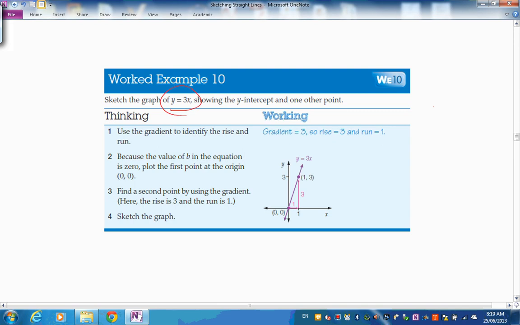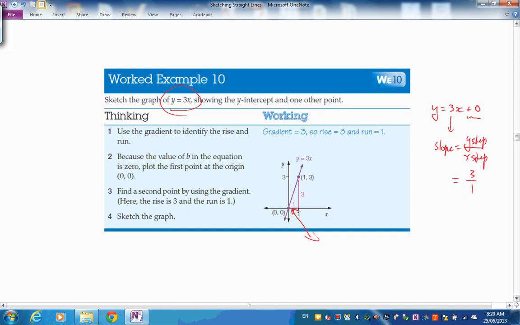So what does that mean? Well, no y-intercept, not exactly true. We don't have a number on the end, so we'd say, hey, it must go through 0. If there's no number on the end, it means the y-intercept is at 0, 0. So we go back to the other method and say, right, the slope is the y-step over the x-step, which is 3 over 1.